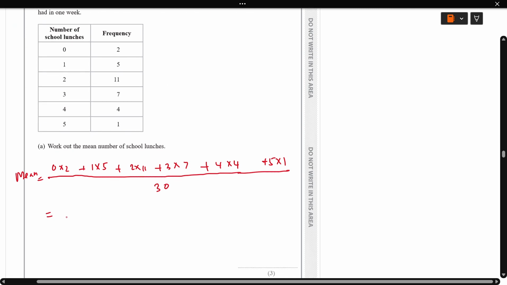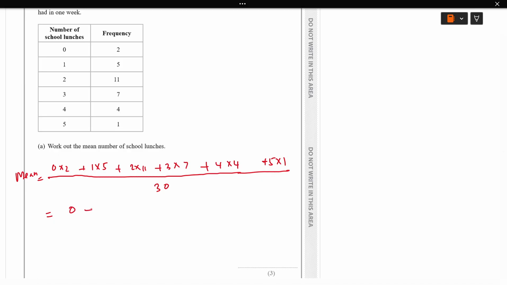So the values are 0 plus 1 times 5, plus 22 plus 21 plus 16 plus 5, over 30. When we add up all the numbers in the numerator, we get 69 over 30.